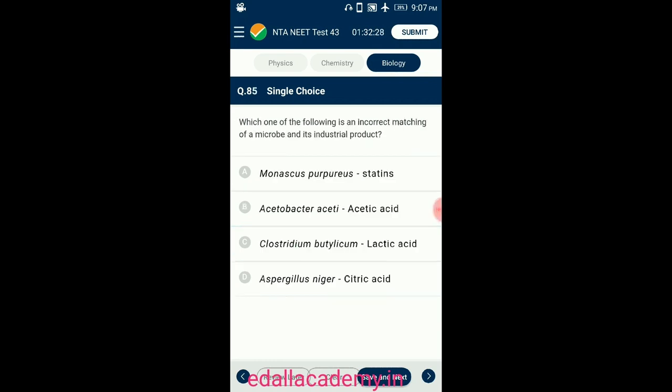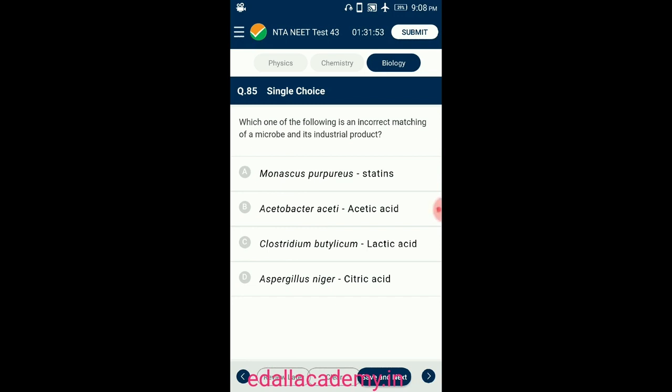Question number 85. Which of the following is an incorrect matching of microbe and its industrial product? First one is Aspergillus niger. It belongs to fungi. The product of Aspergillus niger is citric acid. It is used industrially. Second one is Acetobacter aceti. It belongs to bacteria. The product is acetic acid. It is also used industrially. Third one is Clostridium butylicum.